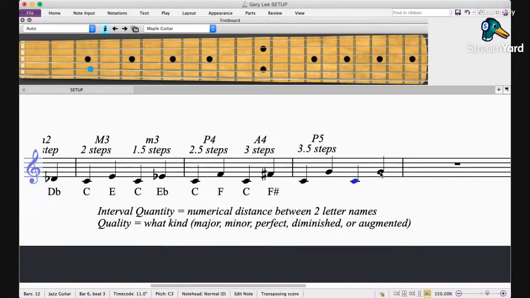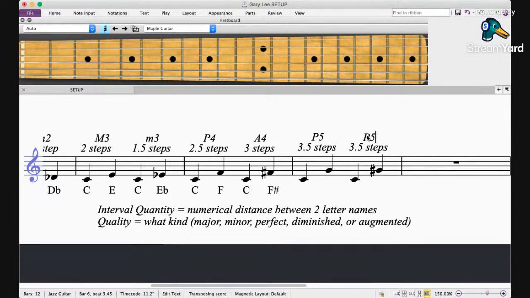So if we are to augment this fifth, then we get an augmented fifth, and that would be 4 steps apart. This is C to G sharp.